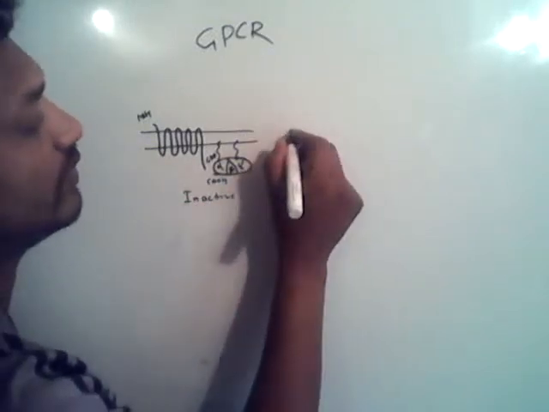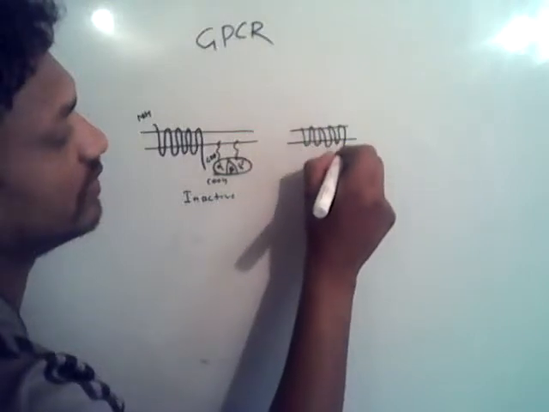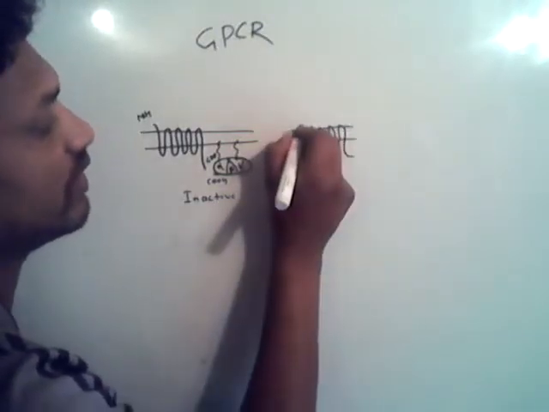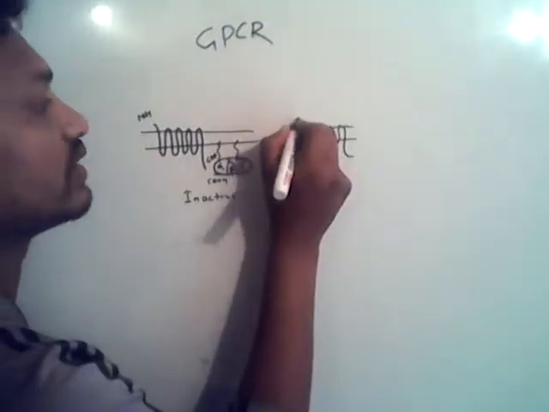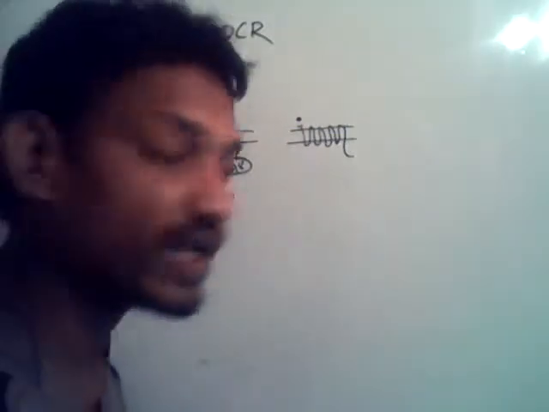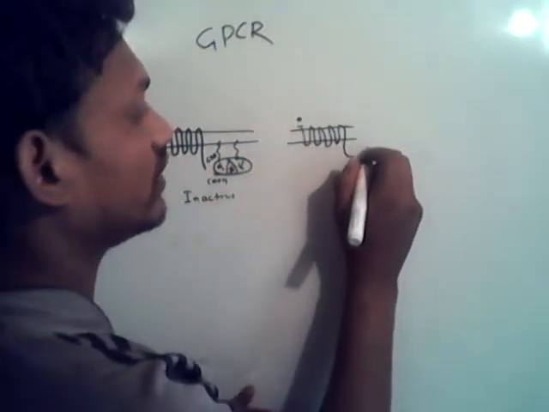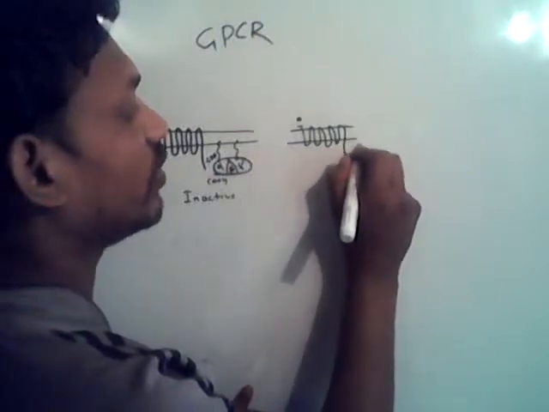So what happens? For example, this is a membrane, and this is a receptor that crosses the membrane 7 times. It has carboxyl and amino terminals. For example, here the signaling molecule binds, and the G protein binds to this carboxyl terminal.